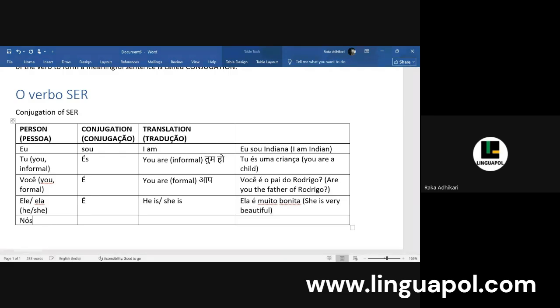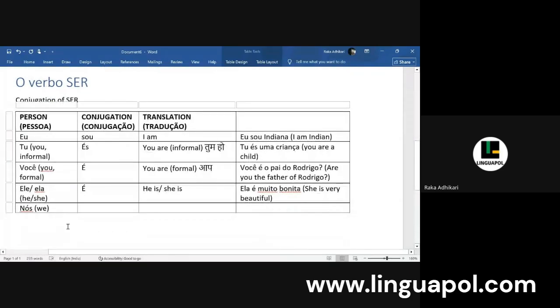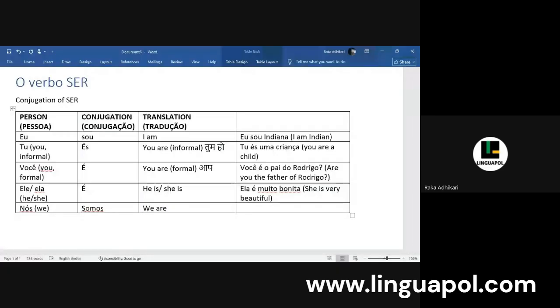Next up, we have again first person, but in plural. First person, but in plural. So nós. This we call as nós. Nós means we. So with nós, the conjugation is somos. So it means we are. For example, nós somos estudantes de português.